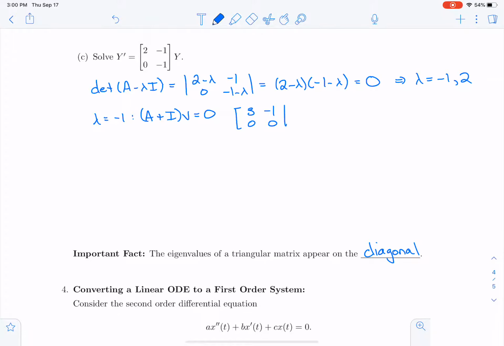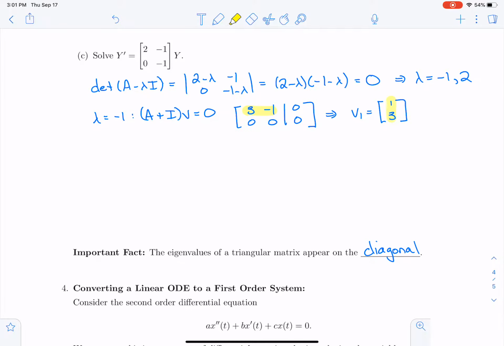We're going to set that equal to 0 and solve. An eigenvector that would be natural to choose here would be to use 1 for the first component and 3 for the second component. Notice that this row times that column is going to equal 0. And then the second row times the column, of course, equals 0.